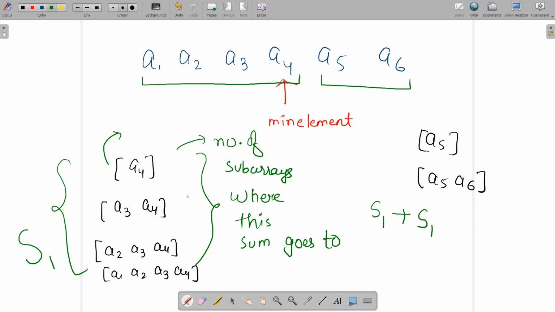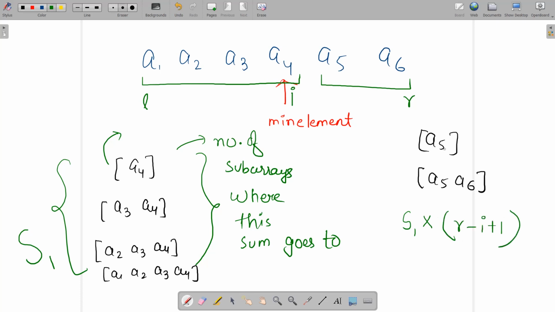Note that we are talking about S1 only. Now this can also be extended to A6, so we again add S1. In other words, let L be this position, let I be this position, and let R be this position. So if S1 is the sum of the left partition, then I'll multiply it by R minus I plus 1.